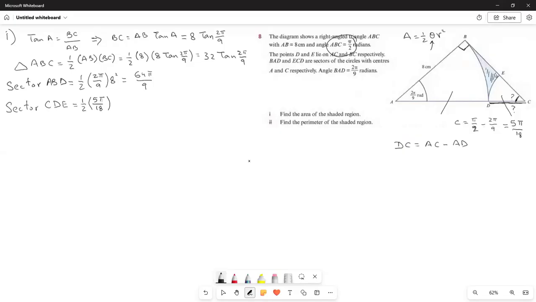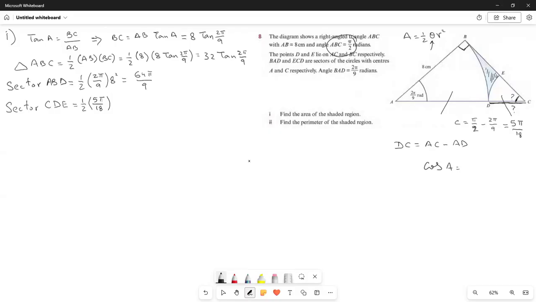Now, how much is AC? Remember, this is again a triangle. So if I do this, sine, cosine, yes. Okay, what about cosine of A?